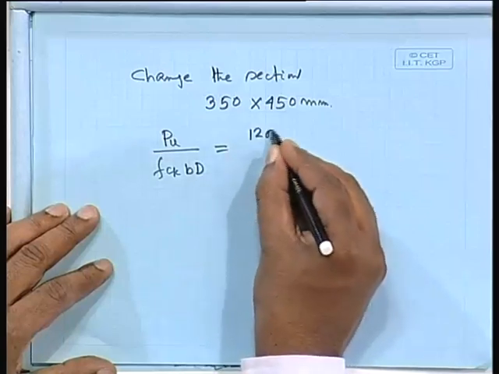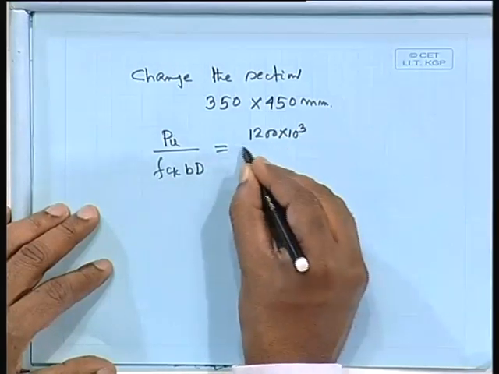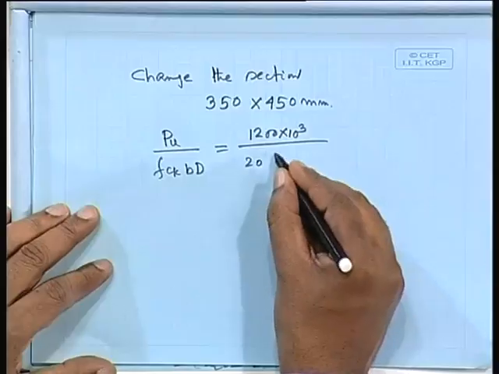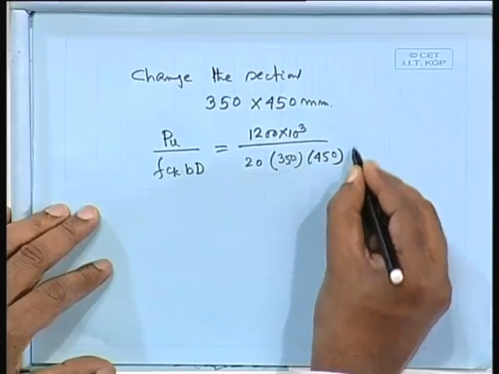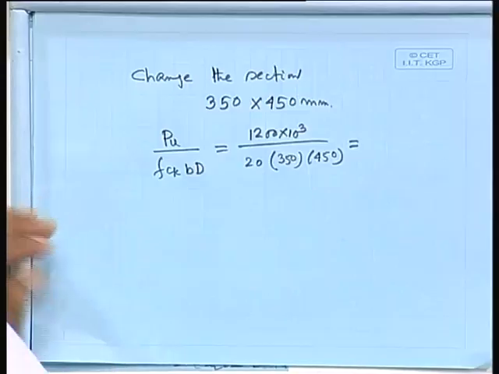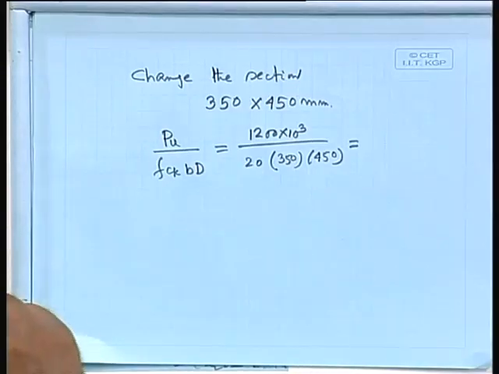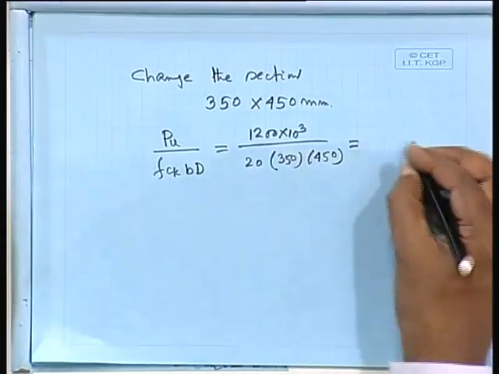That is 1200 into 10 to the power 3, which comes as 0.38.